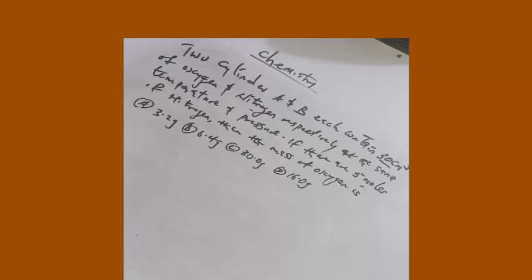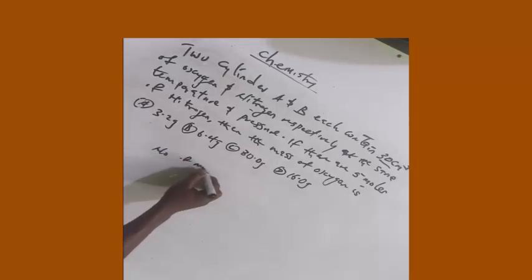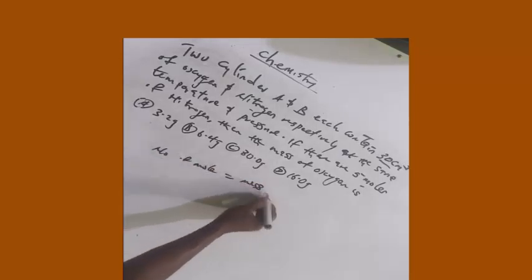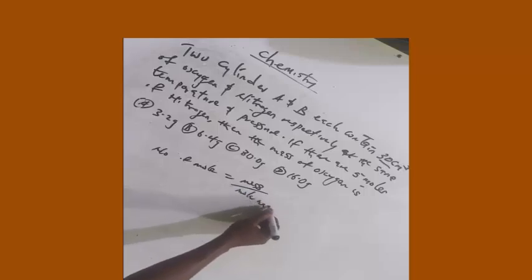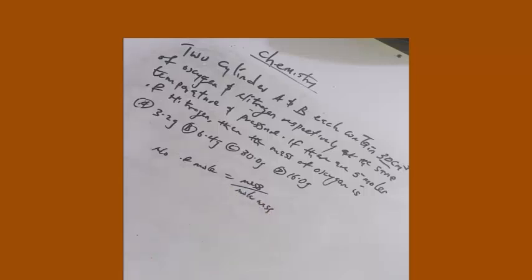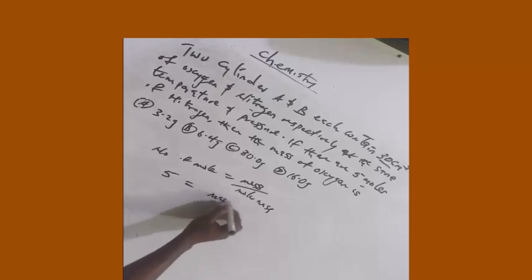So number of mole is mass over molar mass. What is the number of mole of oxygen? The number of mole of oxygen is also going to be 5 because it will have the same number of mole with nitrogen. So what is the mass? We are asked to calculate the mass of oxygen.